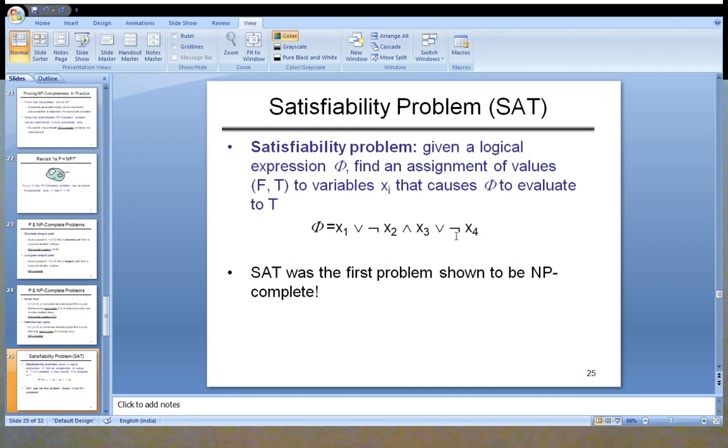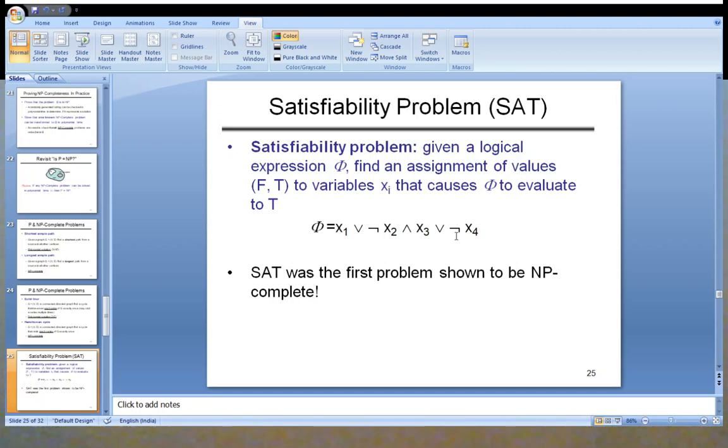Satisfiability problem. Given a logical expression, we have to find the assignment of values to the variables xi that causes the function to be satisfied. This is called the satisfiability problem.